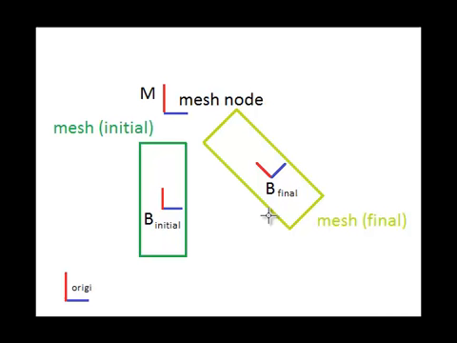shown in light green. Let's assume for now that the vertices of the mesh are given in global coordinates. We want to know the global transformation that shifted the bone from its initial to its current location, and then apply the same transformation to the mesh.